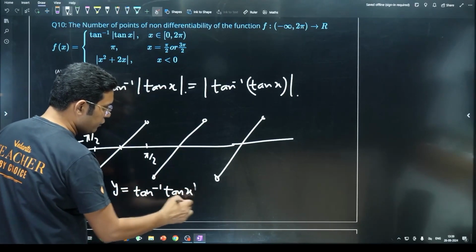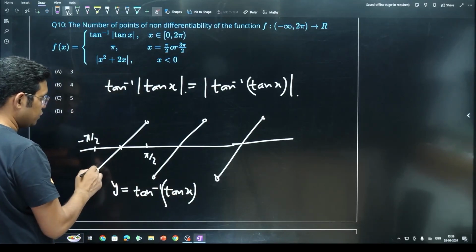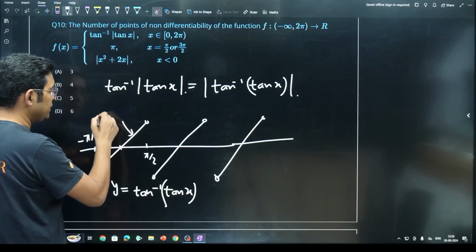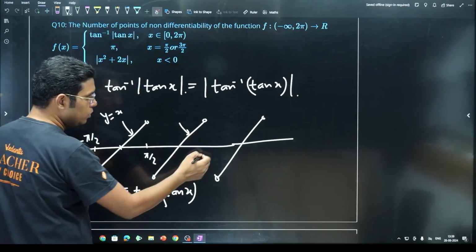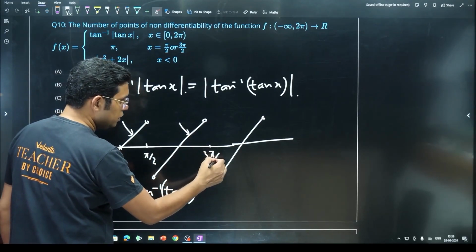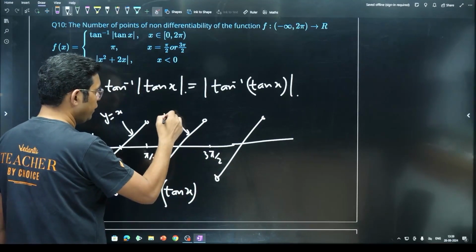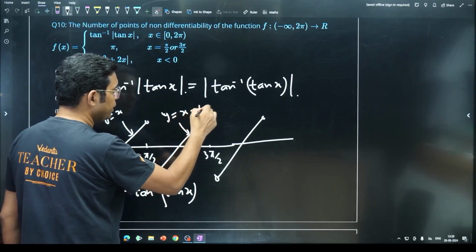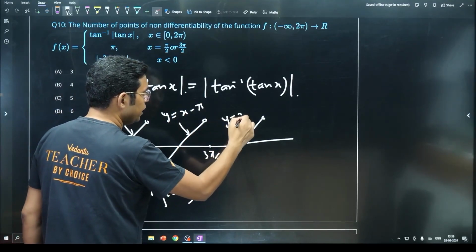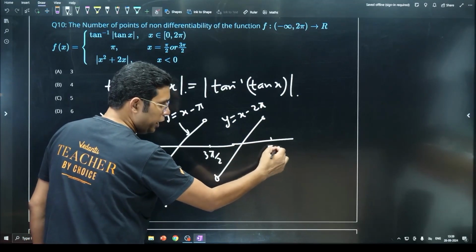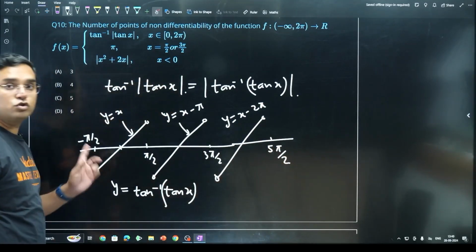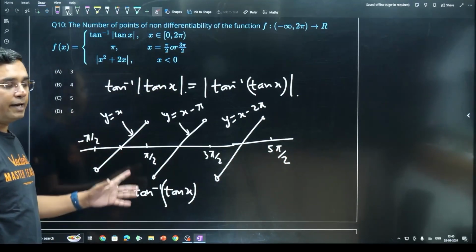If we draw the graph of this, it is like this: from minus pi by 2 to pi by 2, y is equal to x. Then for pi by 2 to 3 pi by 2, the graph is y equal to x minus pi, and then y equal to x minus 2 pi, and so on. At all odd multiples of pi by 2, it is not defined, because we cannot define 10x there.